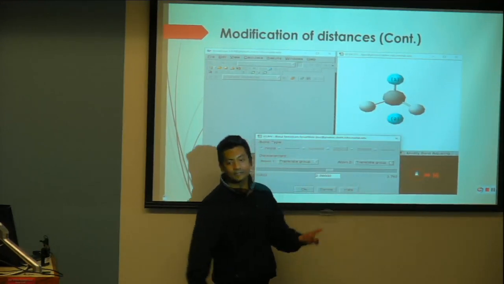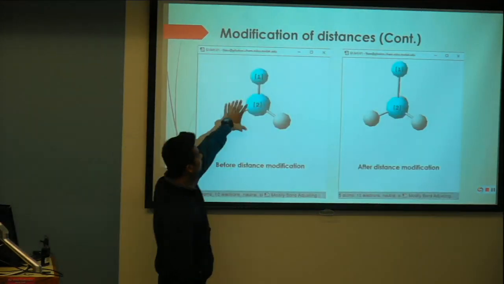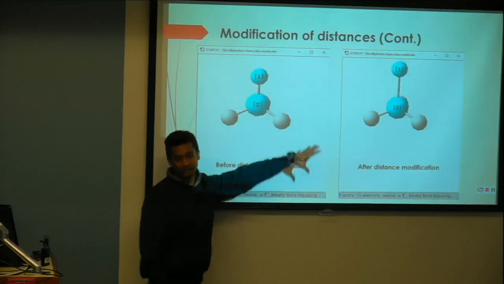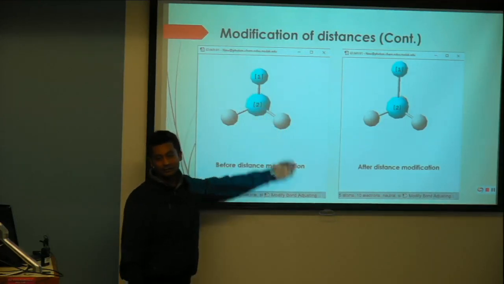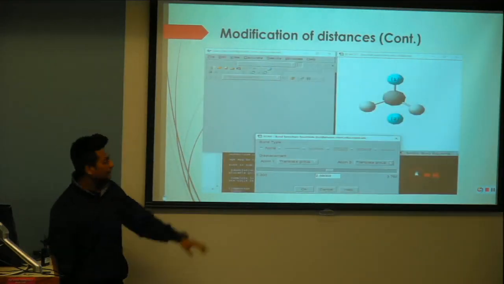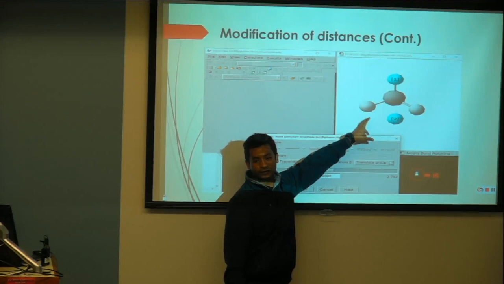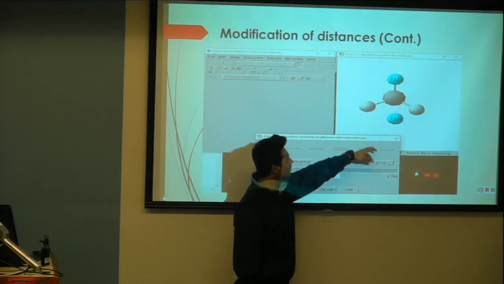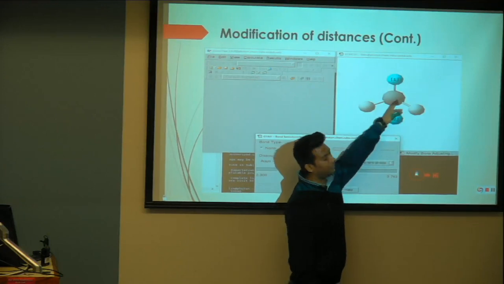No, it's just an example. I show these are two bonded atoms. For two bonded atoms, you can make them closer or more distant, and you can modify the distance between two non-bonded atoms. So the distance can be less or more.